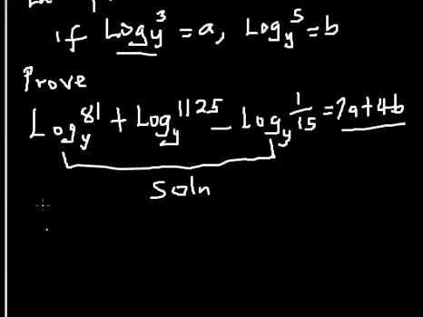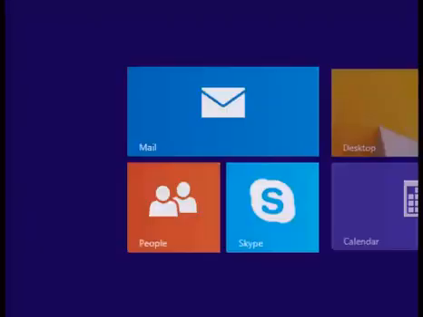Let's look at the logs, starting with log 81. To make it easy, 81 is simply 3 raised to power 4 in base y, as simple as that. Then for 1125, I think this should be in powers of 5. The calculator will help us now.